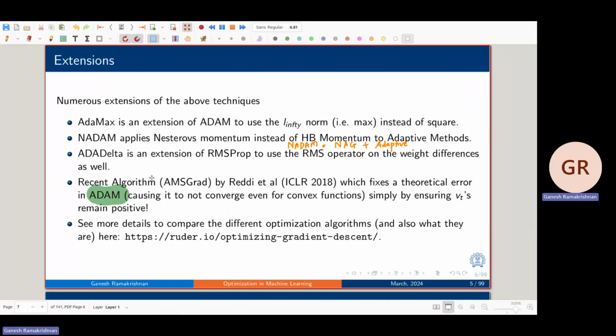So a simple fix to that actually made the convergence possible. Actually, this is more to do with the theoretical analysis. So practically, obviously, it's a sum of squares, so you will not have a problem. But theoretically, with the additional assumption that VT is greater than 0, they were able to fix the convergence.